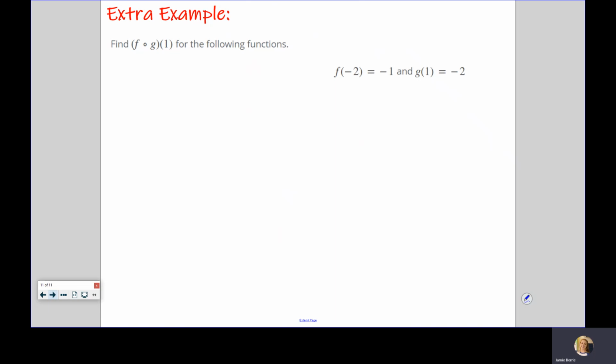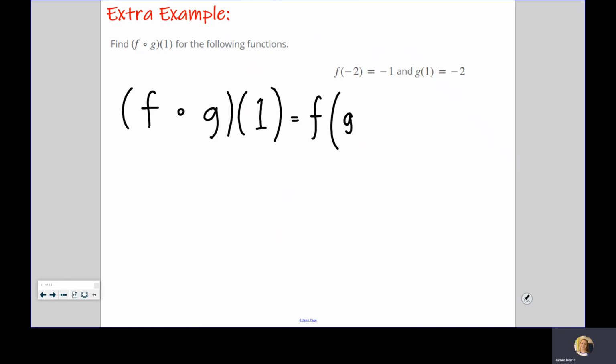This will be the easiest one we've done all day. F composed of g of 1. Go ahead and write out your definition of your rule. Remember, f goes on the outside, g goes on the inside.